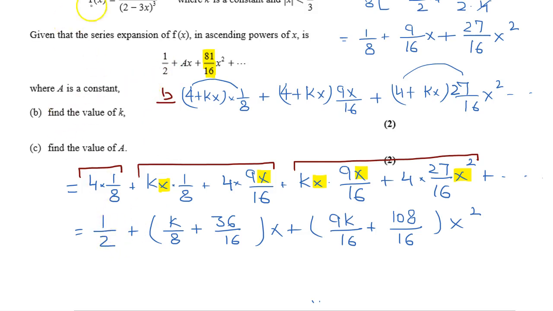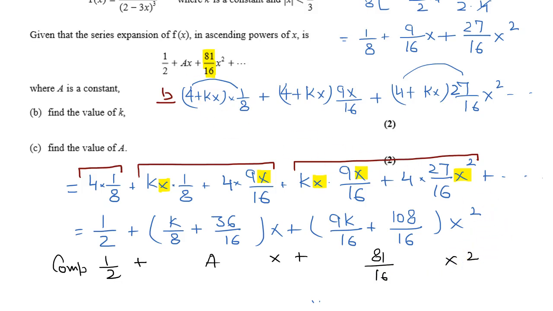Now we compare with this one. So if we compare this one, compares with half plus ax plus 81 over 16 x square. If we compare, then we know that k over 8 plus 36 over 16 is equal to a, and 9k over 16 plus 108 over 16 is equal to 81 over 16.